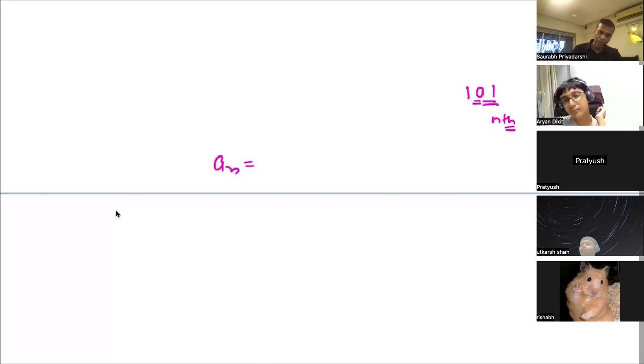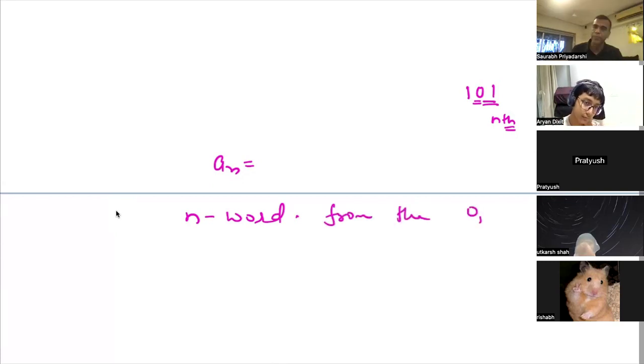Right? So if we are creating a string with 0 and 1, we can propose this in number, right? N words from the alphabet 0 and 1. And an denotes the binary words with no two zeros or no two ones.